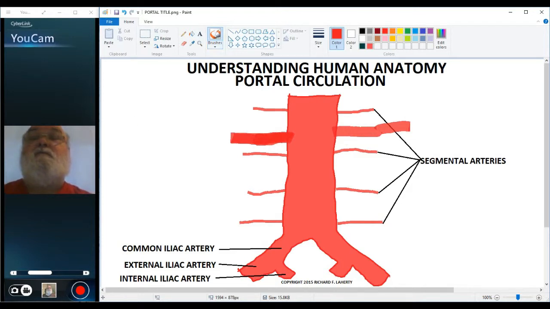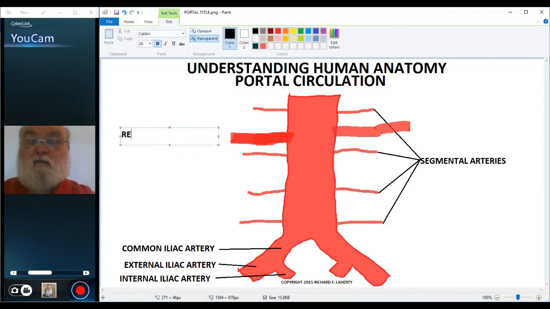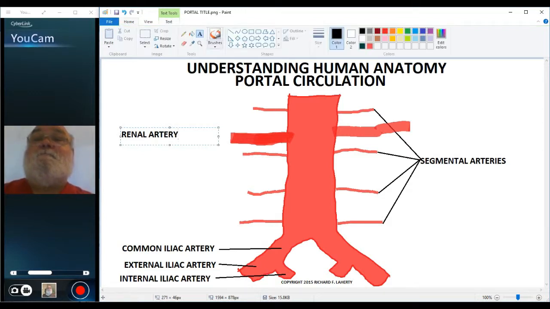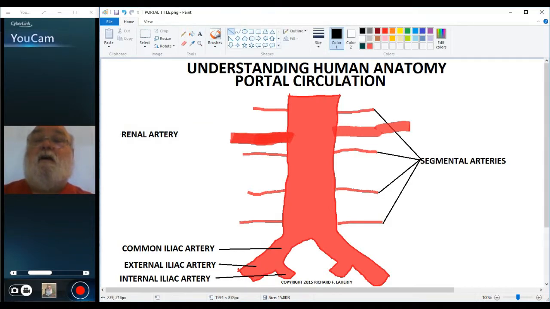So we'll label the renal artery, and I'm putting the label on the right renal artery.